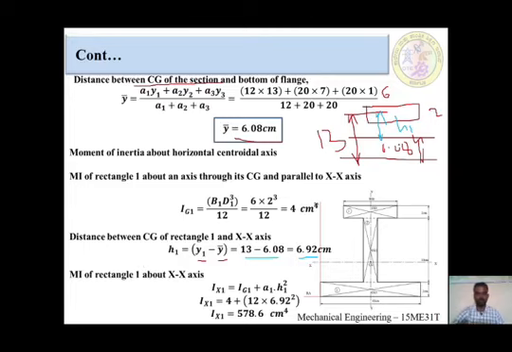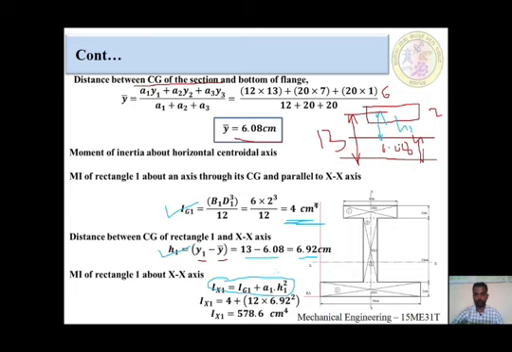Okay, after calculating Ig1 and h1, we have to put these values in the parallel axis theorem formula. Ix1 is equal to Ig1 plus A1 into H1 square. How much did we get for Ig1? We got 4 centimeter raised to 4.